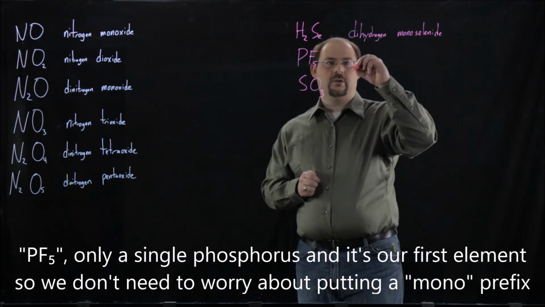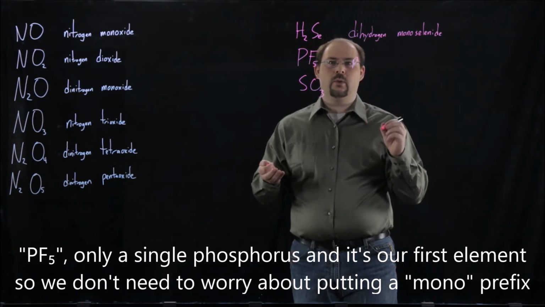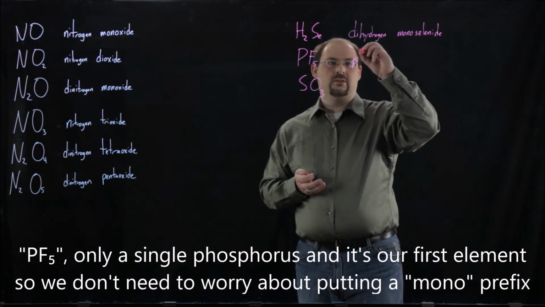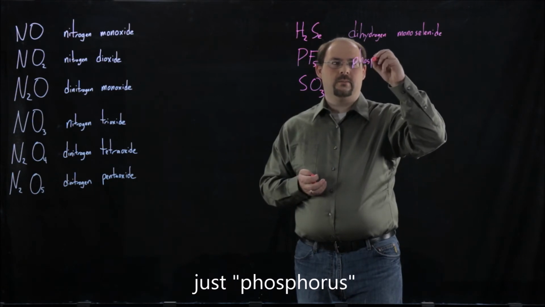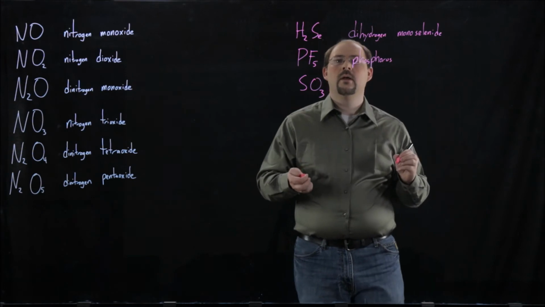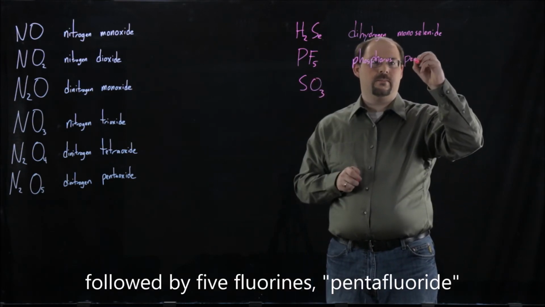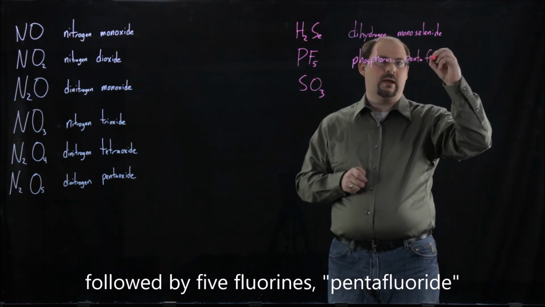PF5, only a single phosphorus, and it's our first element. So we don't need to worry about putting a mono prefix, just phosphorus. Followed by 5 fluorines, pentafluoride.